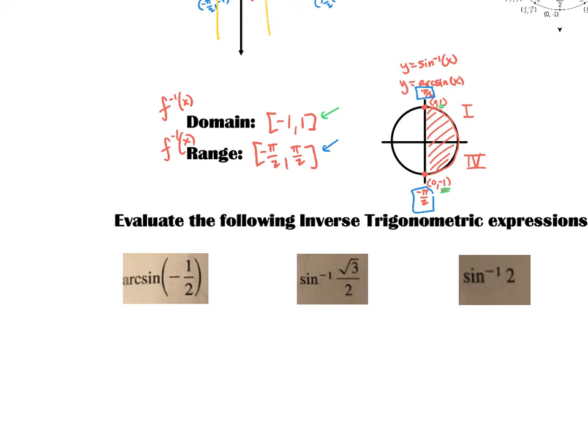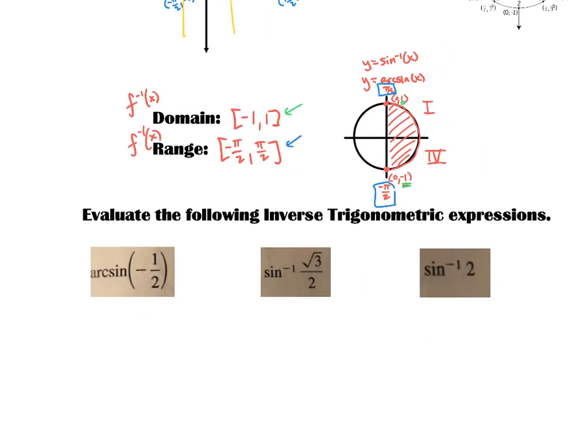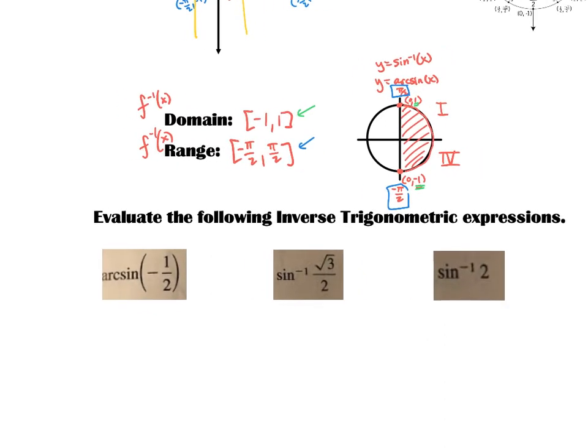So the way I like to think about this is a word problem. Even though it's not your traditional word problem, what these questions are asking are word problems. And the answer to these questions is an angle measure. So our input is a ratio, and our output is an angle. So our answers for inverse trig functions are angles.